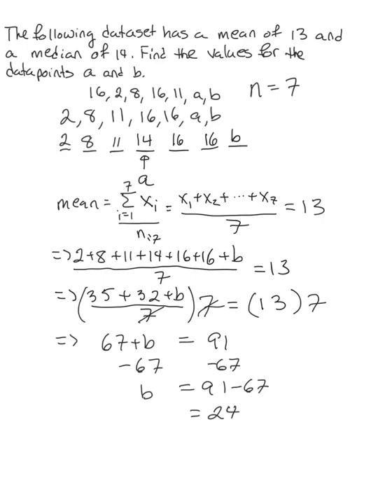Then we came up with an expression for the other piece of information we had, which was the mean. And then we plugged in all of our values and simplified to get the answer of B equals 24.